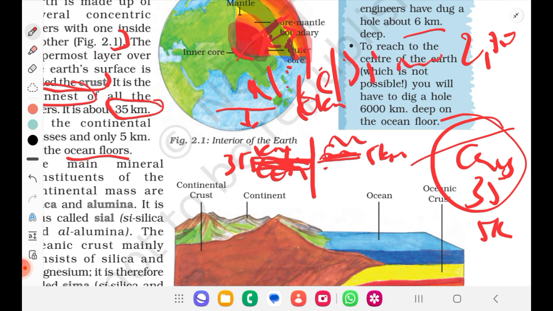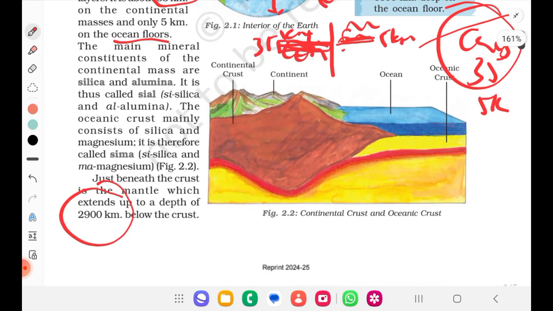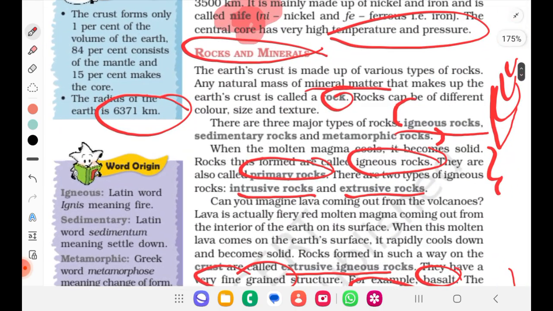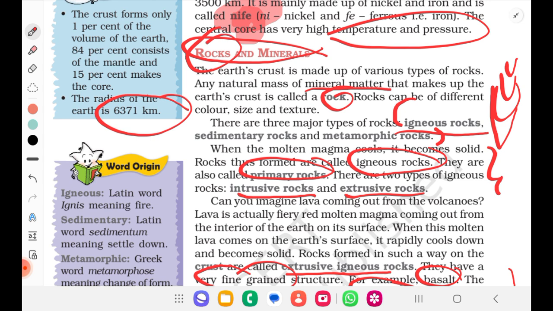After that we started learning about different minerals and rocks. Under rocks we studied three types: igneous rocks, sedimentary rock and metamorphic rock. Igneous rock is formed from magma and this is primary. These igneous rocks form sediments, and if they are transported and deposited in layers, that is sedimentary rock.